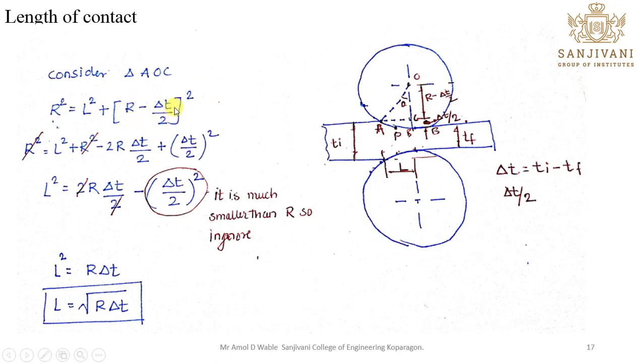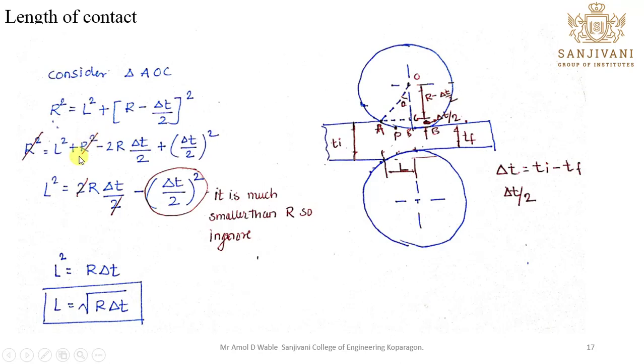You can write this as A square minus 2AB plus B square, where A is R and B is delta T by 2. So you can write this as R square minus 2R delta T by 2 plus (delta T by 2) whole square.